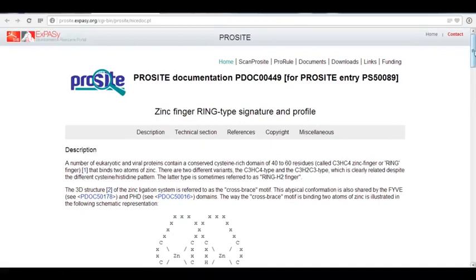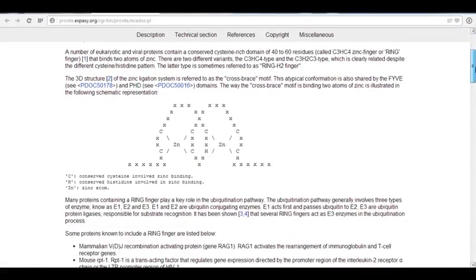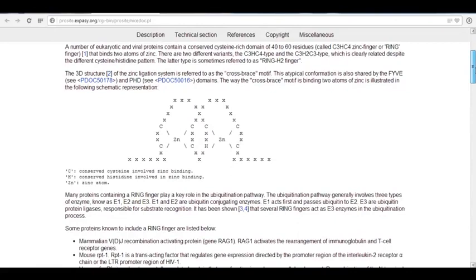It takes me to documentation about this particular profile. You see the zinc finger RING-type signature and profile. A zinc finger is a common motif in DNA binding proteins. Not all DNA binding proteins have them, but a class of DNA binding proteins do have them. The idea behind the ring finger is that RING is actually an acronym that stands for "really interesting new gene."